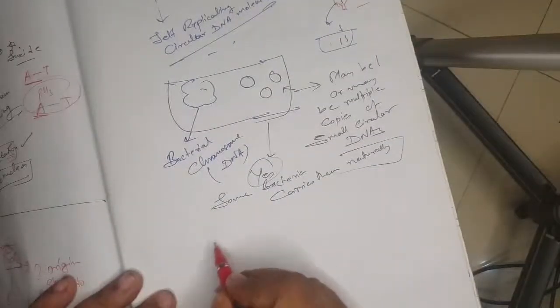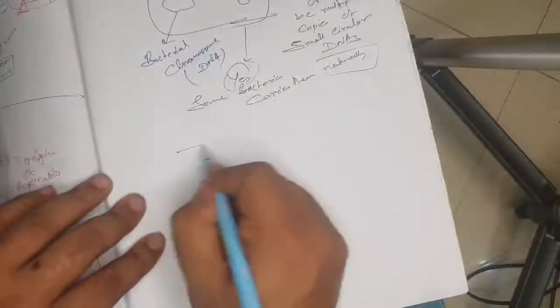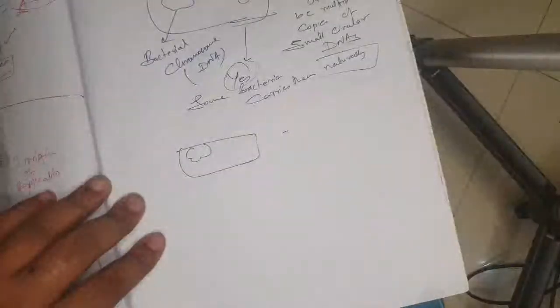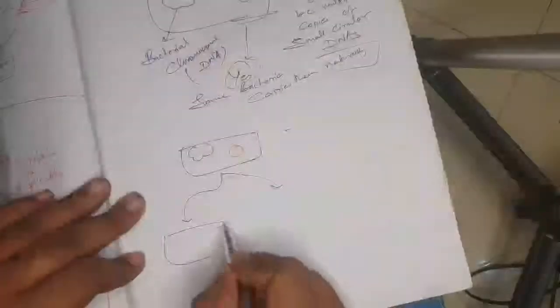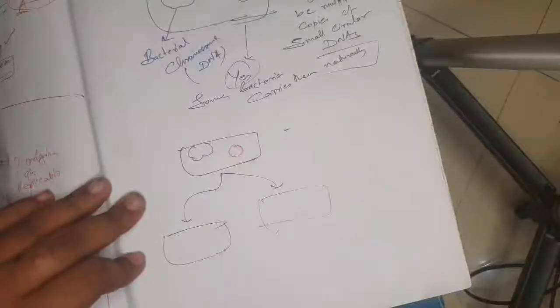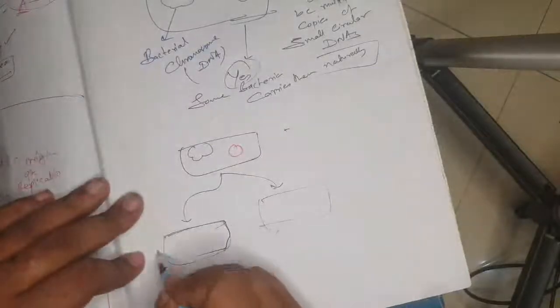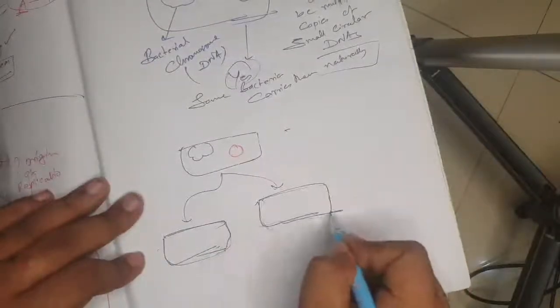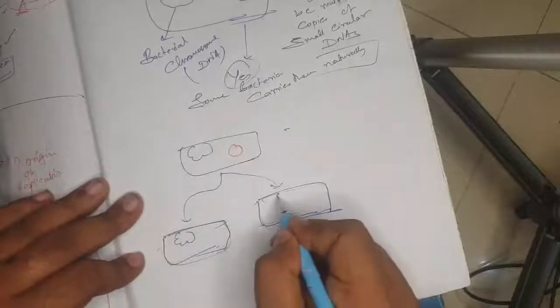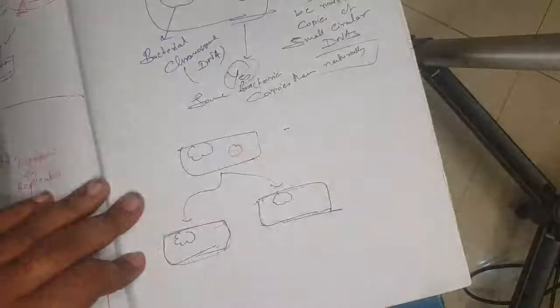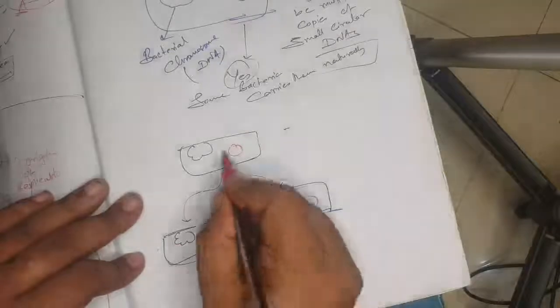When there is a bacterial cell that has plasmid DNA and it divides into two, the bacterial chromosome will be replicated and the plasmid will also be replicated, made two, and transferred into the two cells.